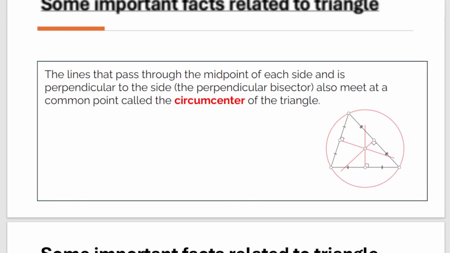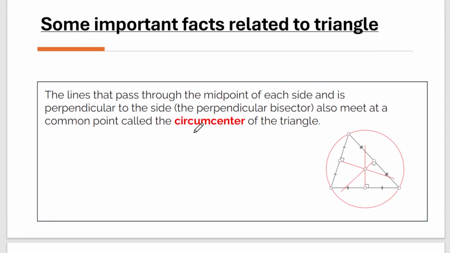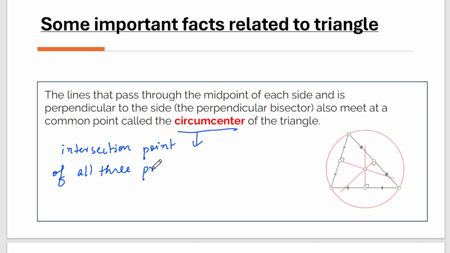Circumcenter. See, circumcenter is the intersection point of all three perpendicular bisectors of triangle.